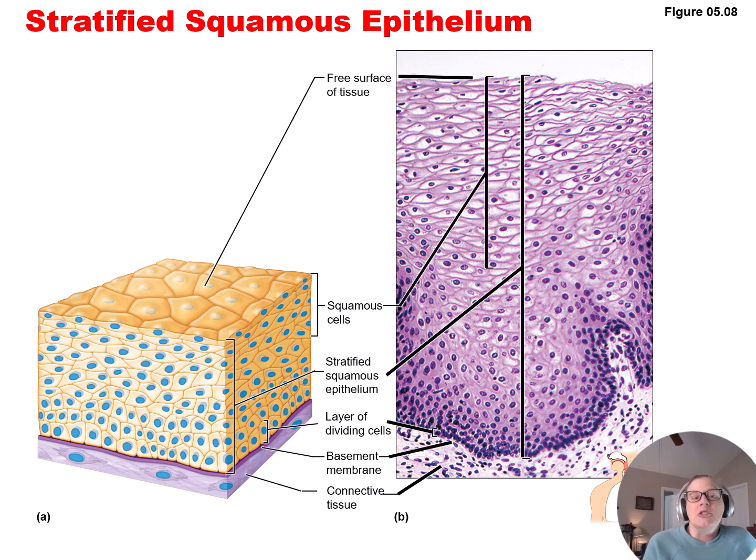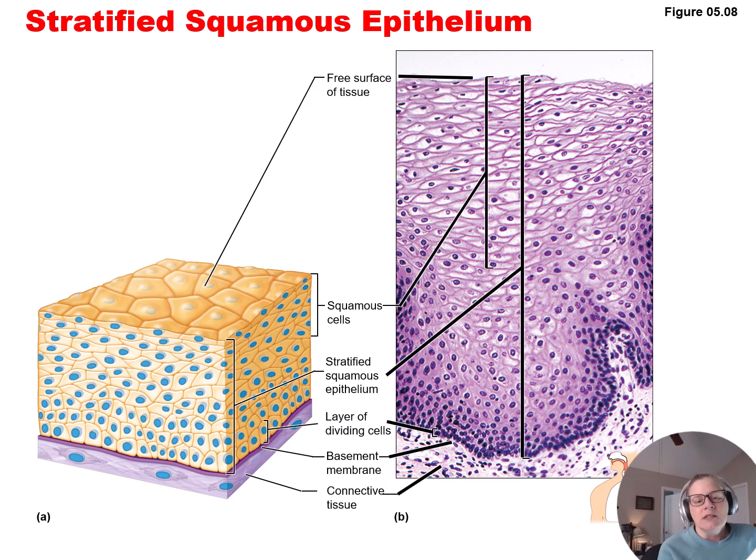Our first example is stratified squamous epithelium. Here you see a lot of different layers of epithelial cells. One of the distinguishing characteristics of this type of tissue is that the outer cells on the apical surface have more of that typical flattened, irregular shape.